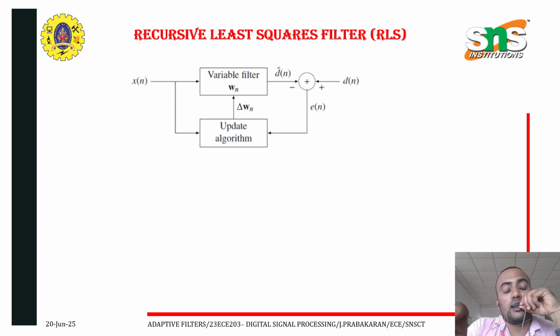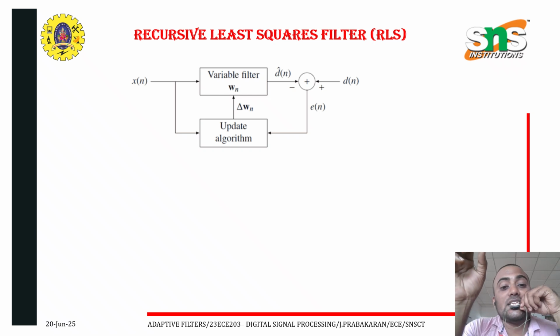The working principle is that the input x of n passes through the variable filter and produces an estimated output, which is represented by d cap of n. The error signal e of n is calculated by comparing d cap of n to the actual desired signal d of n.